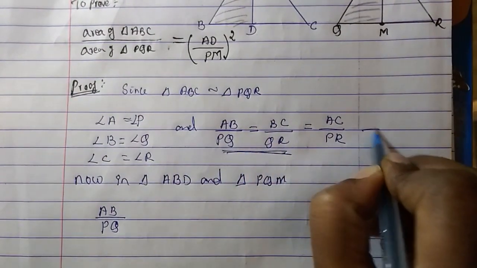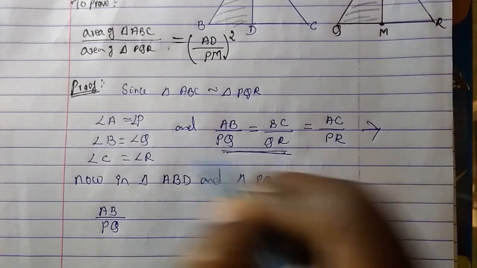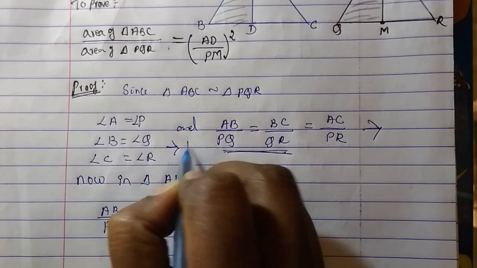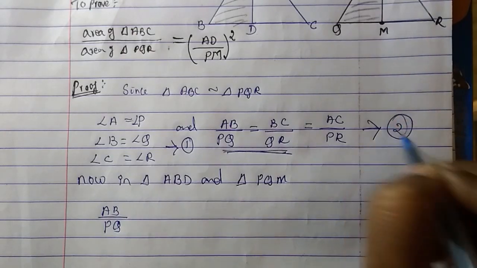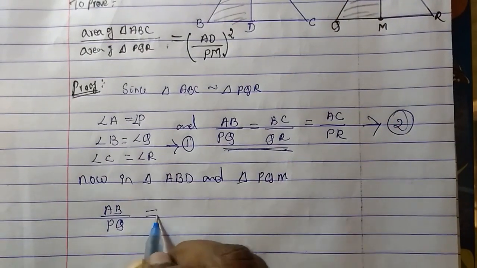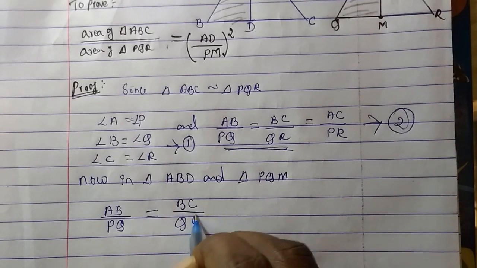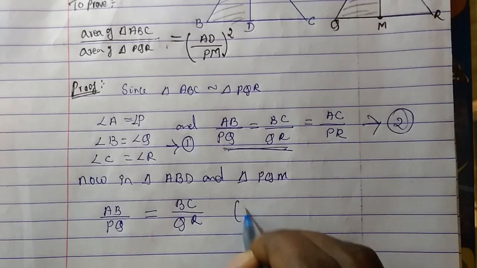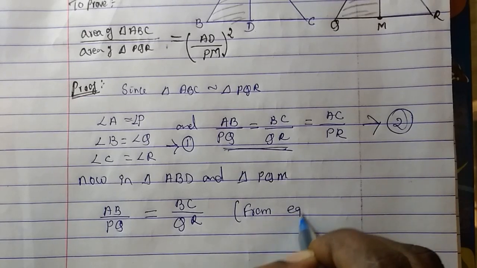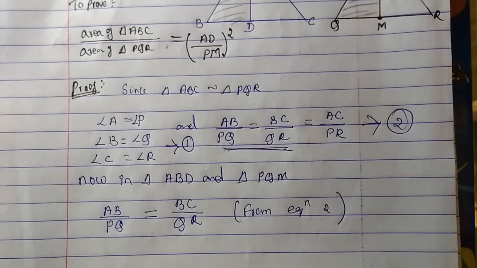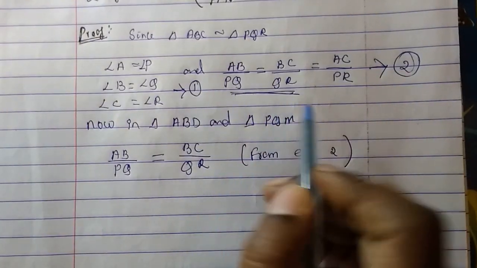Okay, you can consider this as equation 1, and this as equation 2. So AB upon PQ equal to BC upon QR. From equation 2 we are taking this part.